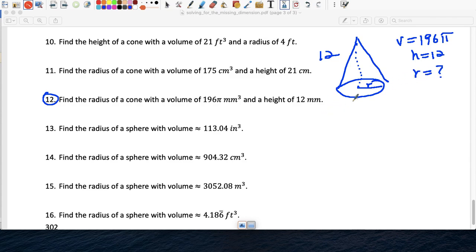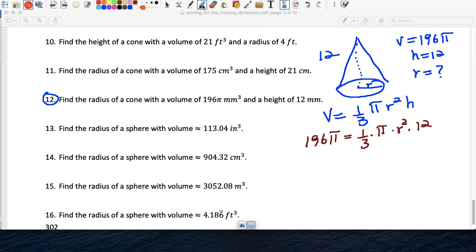Let's go to the equation. Volume equals 1/3 pi r squared h. Let's substitute some values. Instead of V, I'm going to write 196 pi equals 1/3 times pi times r squared times h, but instead of h, I'm going to write 12.